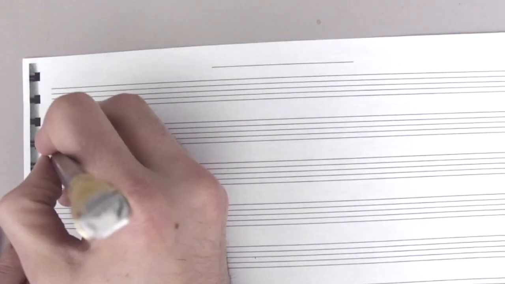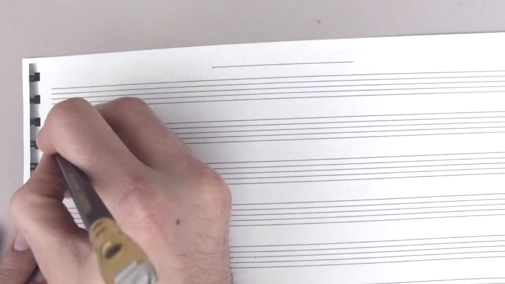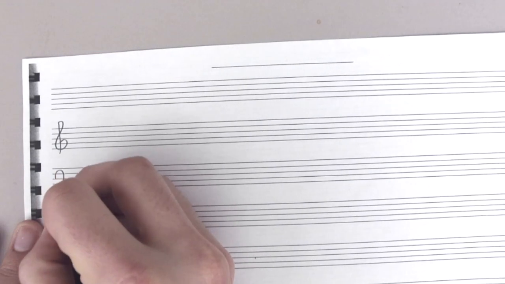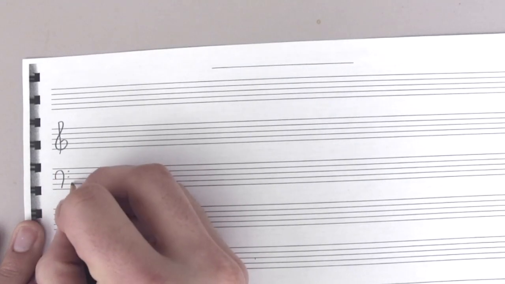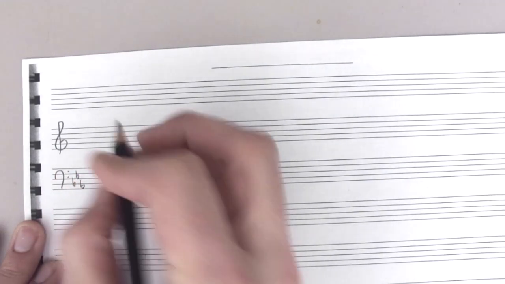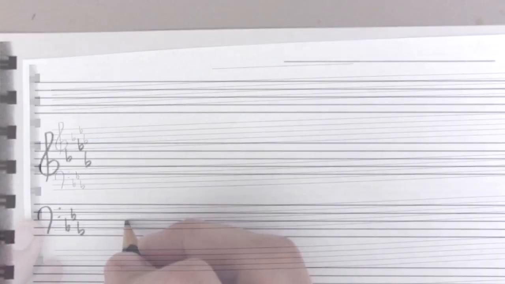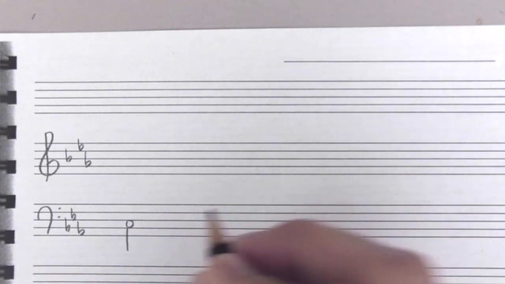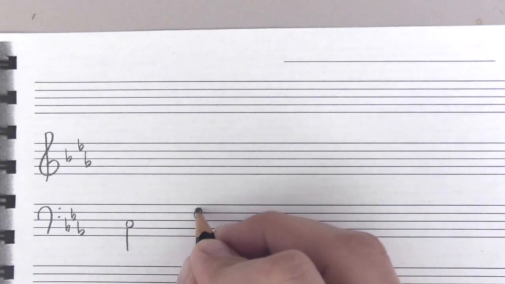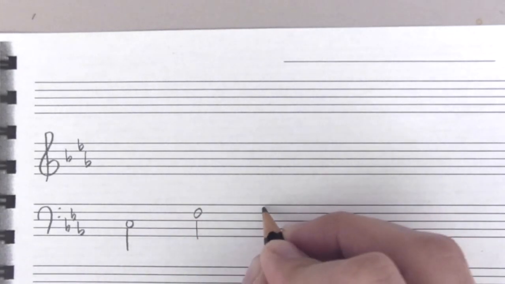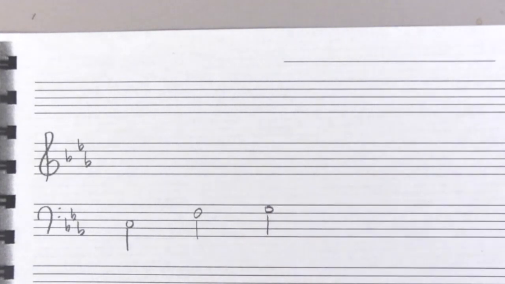Let's think in C minor, and I'll go ahead and write in a sort of keyboard harmony style. Let's say that we have a very simple progression.